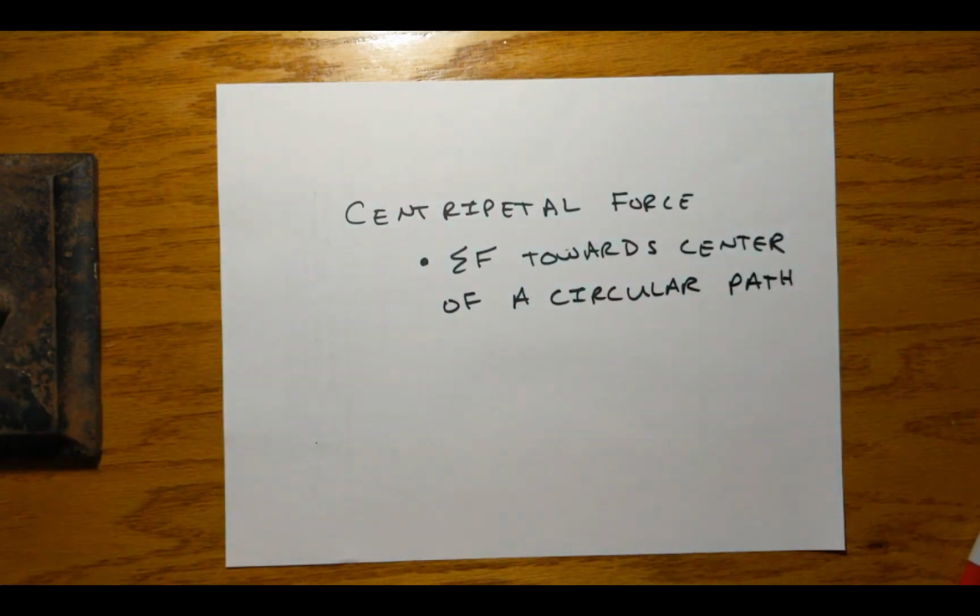And so a centripetal force is not necessarily a specific force. It's more that it's a net force that's accomplishing a specific task. And so that's going to be a really important idea as part of this model.